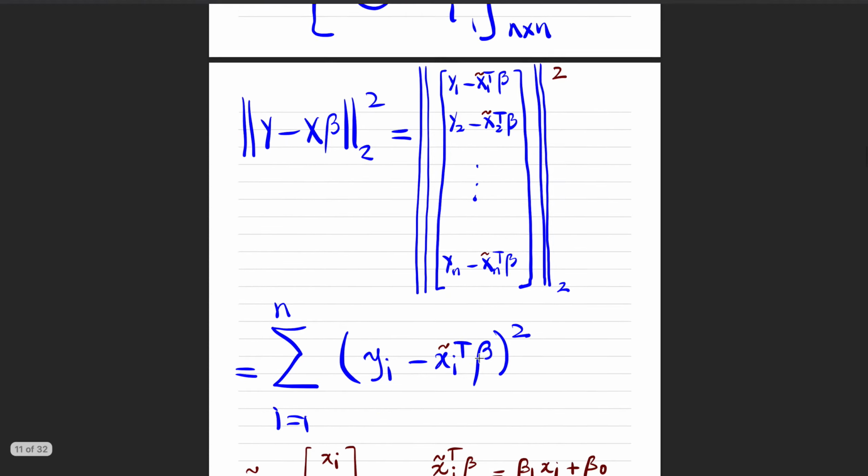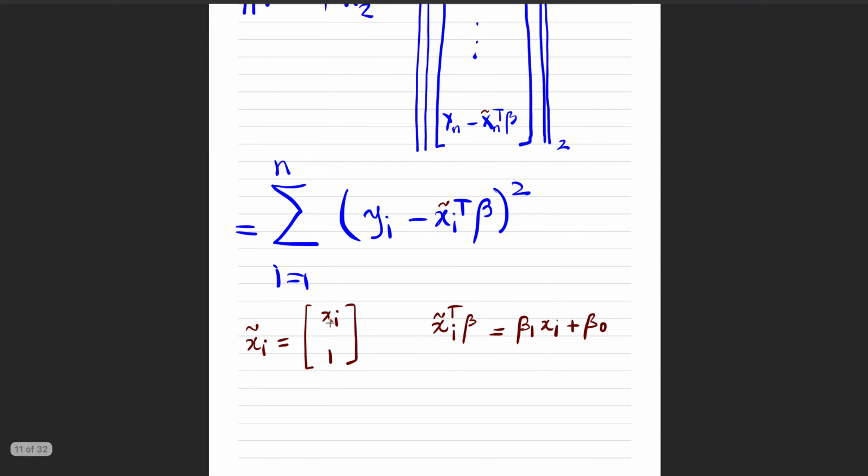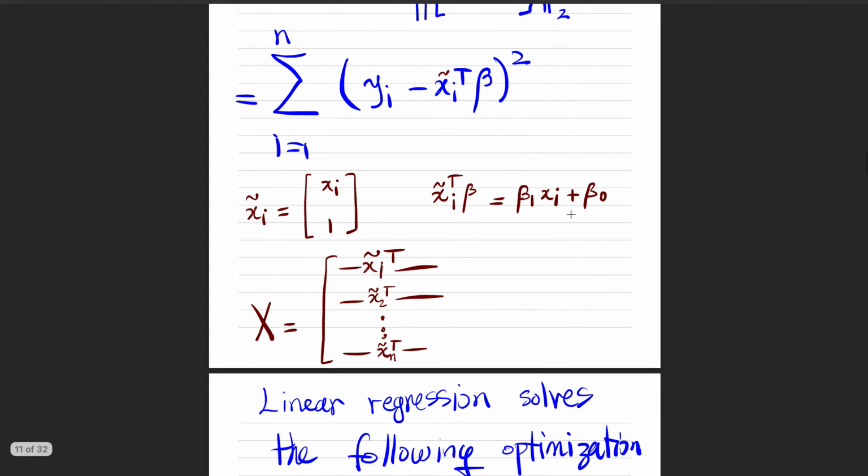So xi tilde is a 2 by 1 matrix where the first entry is xi, the second entry is 1, and so xi tilde transpose beta is nothing but beta 1 xi plus beta 0.